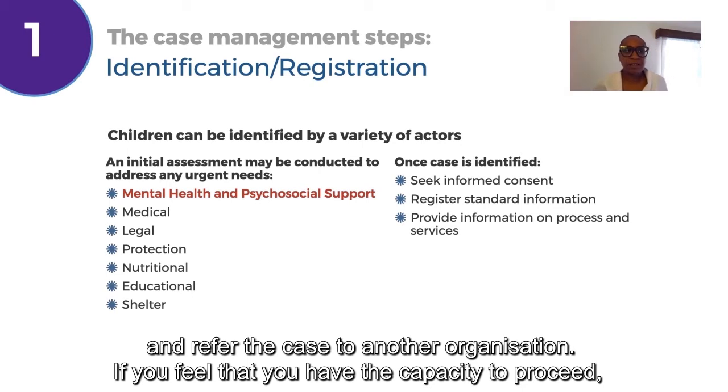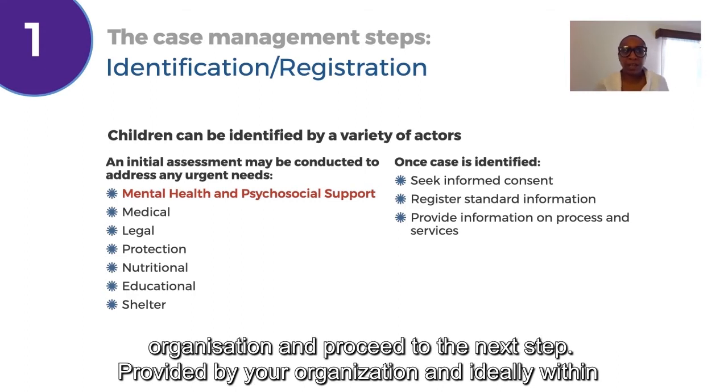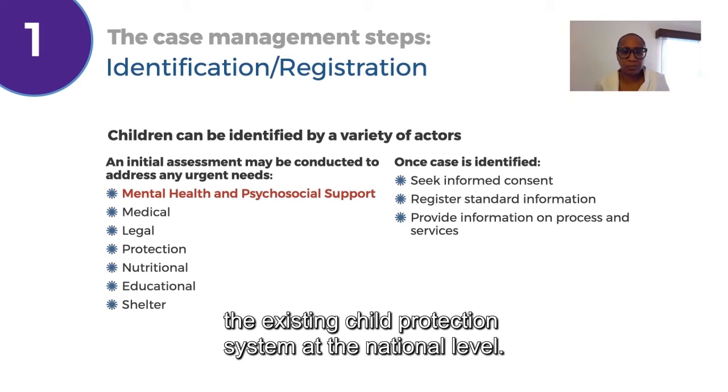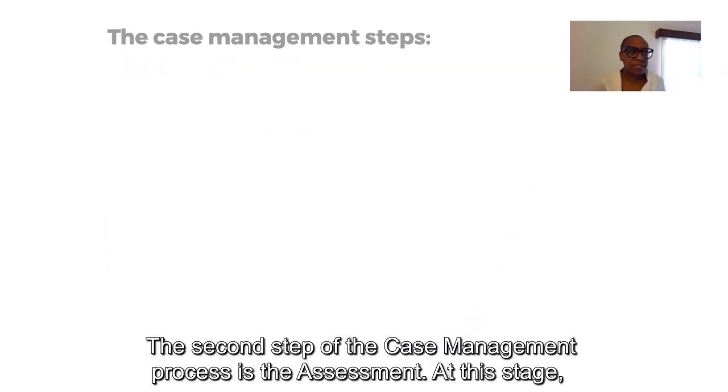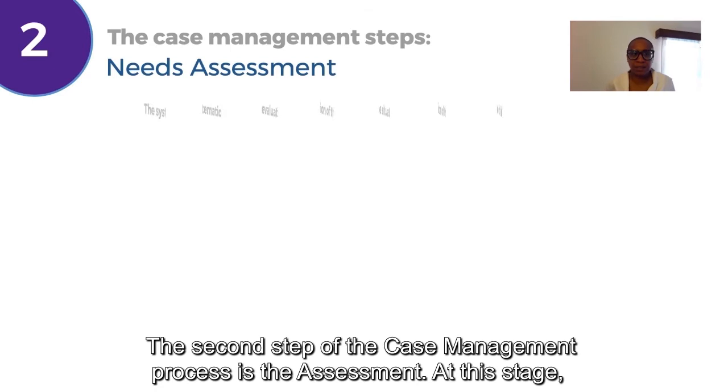If you feel that you have the capacity to proceed, you will register the case through an identification form provided by your organization and ideally within the existing child protection system at national level. So the second step of the case management process is the assessment.